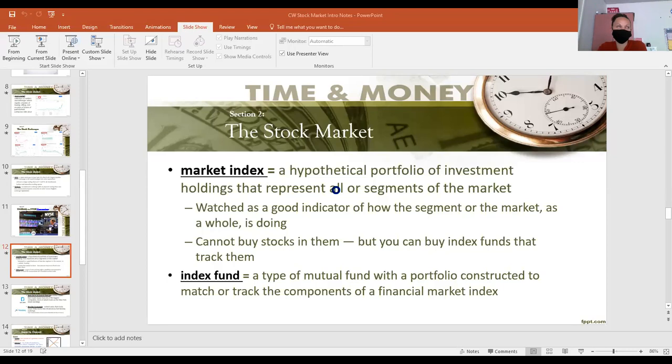As we saw in one of those videos about the S&P 500, you can buy an index fund in S&P that tracks it. An index fund is a type of mutual fund with a portfolio constructed to match or track the components of a financial market index.